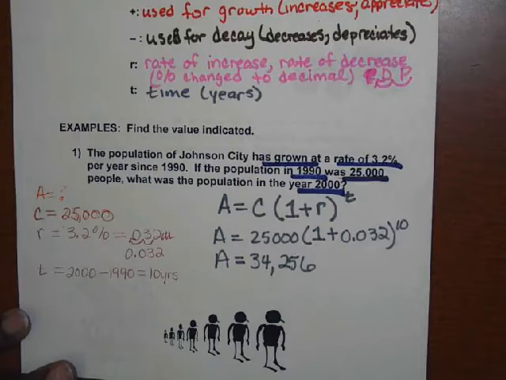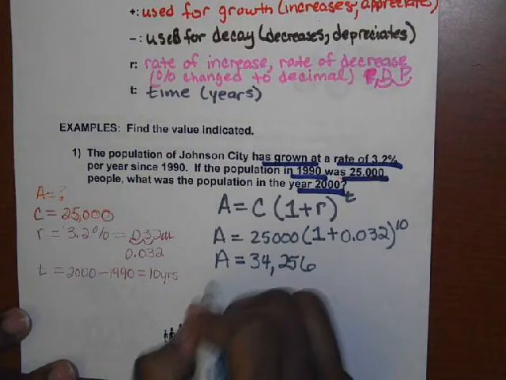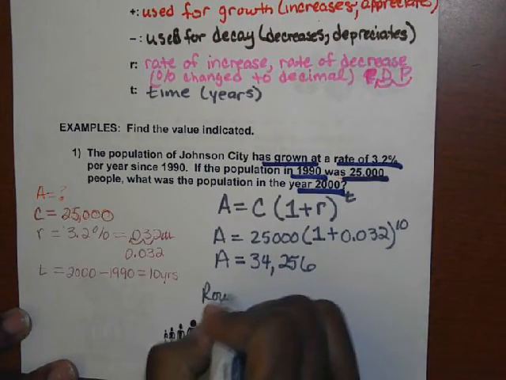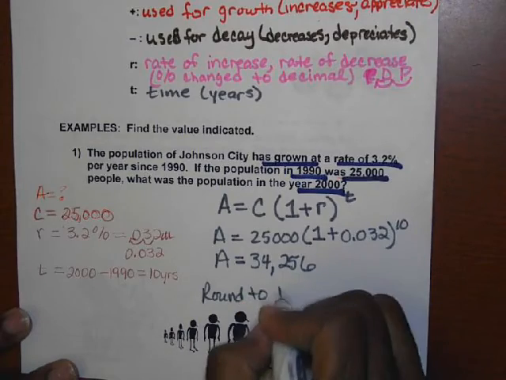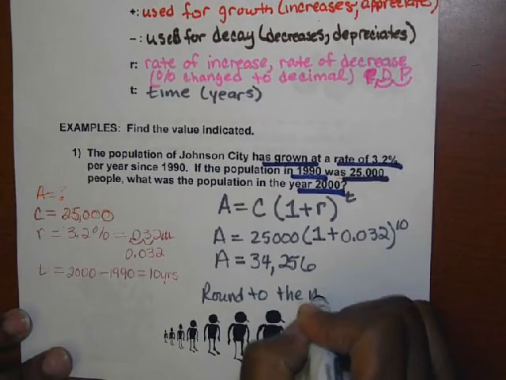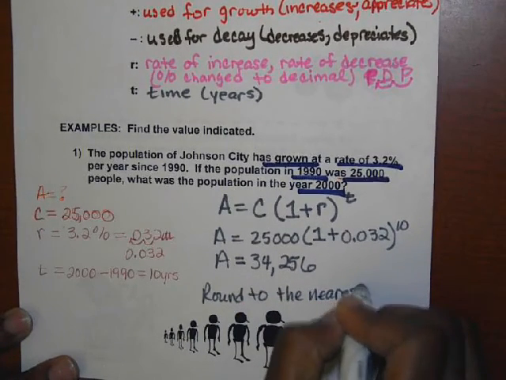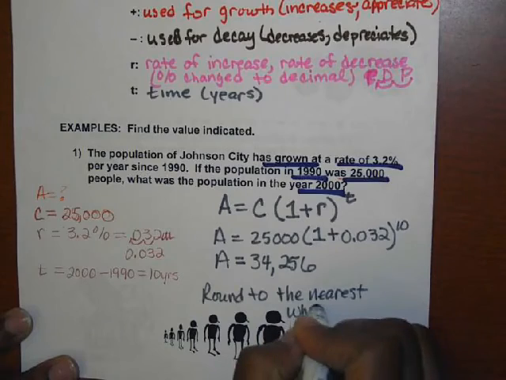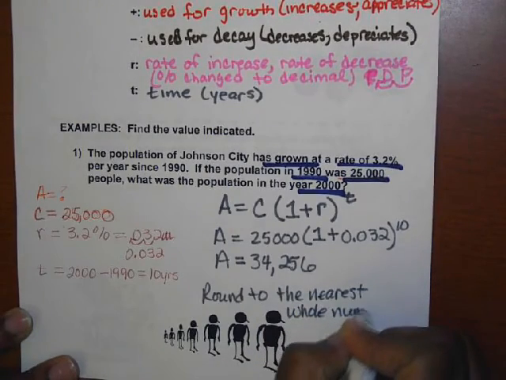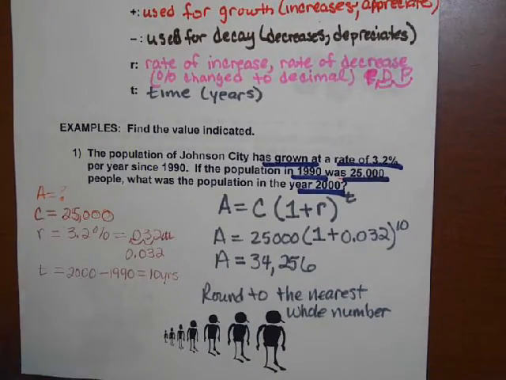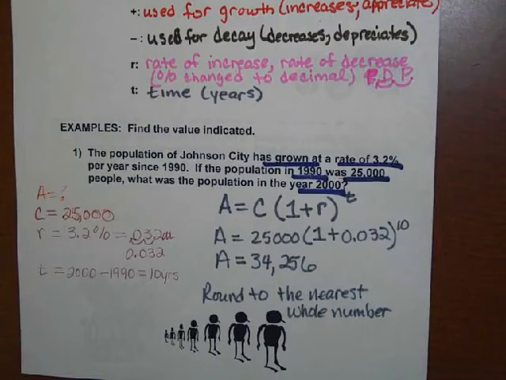Alright, so because we're talking about people, we need to round to the nearest whole number, because we're not going to have a fraction of a person. Okay?